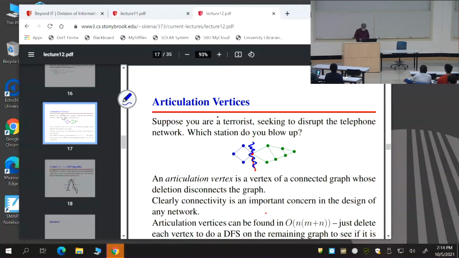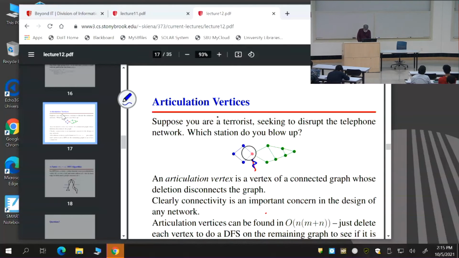Does everybody see that there's now no way for someone on blue to communicate to someone on green? Does everybody see that that one vertex disconnects the graph? And now there is no way for people in blue to get to green or green to get to blue, right?